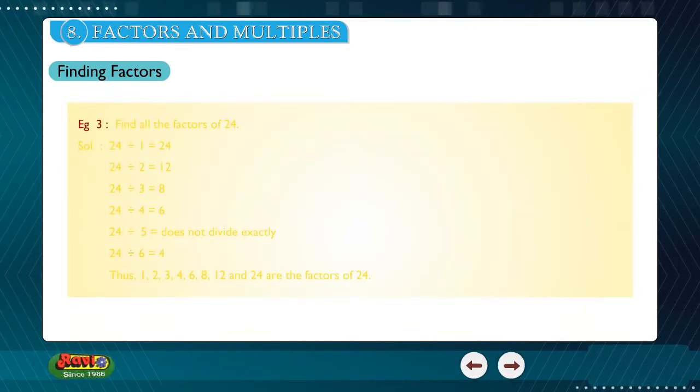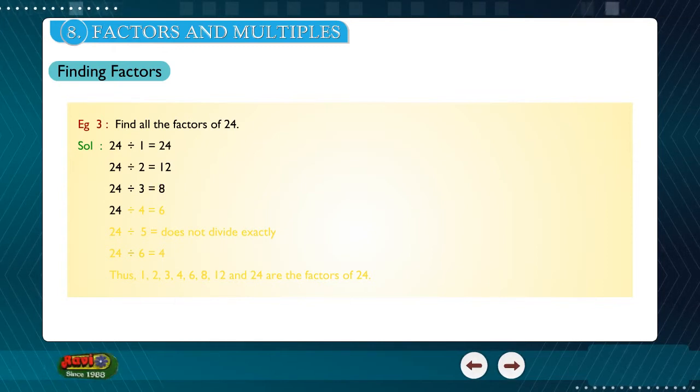Example 3. Find all the factors of 24. Solution. 24 divided by 1 is equal to 24. 24 divided by 2 is equal to 12. 24 divided by 3 is equal to 8. 24 divided by 4 is equal to 6. 24 divided by 5 does not divide exactly. 24 divided by 6 is equal to 4.